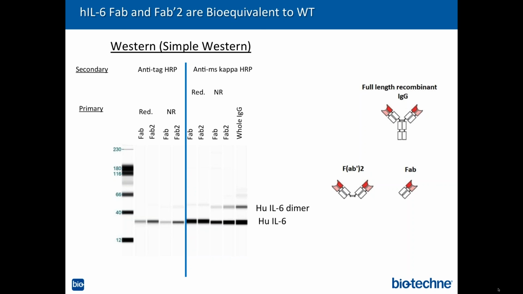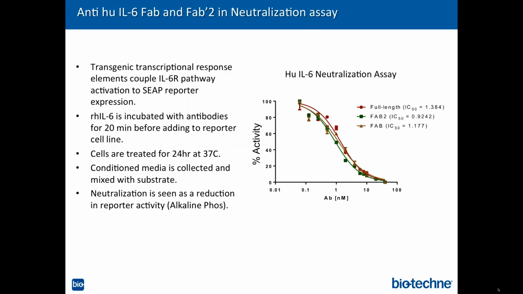So you can actually see the human IL-6 dimer, while with the anti-tag antibody it's a little bit more difficult to get that sensitivity. But overall, both the FAB and the FAB'2 perform very similarly to the whole IgG molecule, and as expected you lose some sensitivity going from a whole IgG to an FAB or an FAB'2 since you're truncating the Fc region.